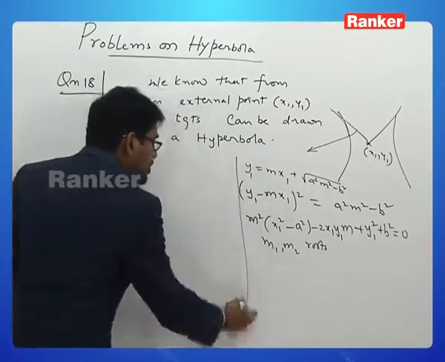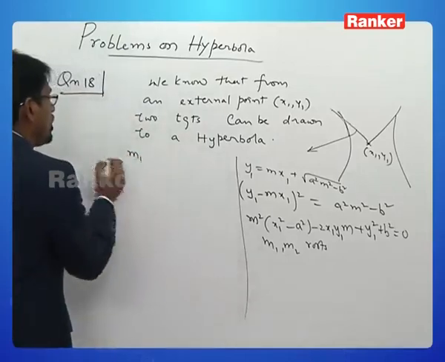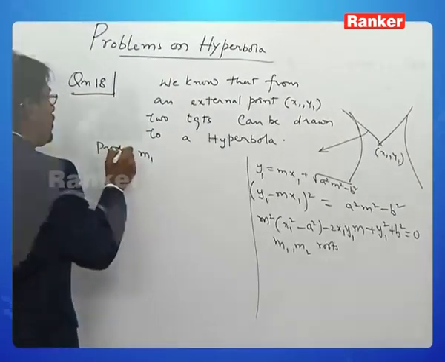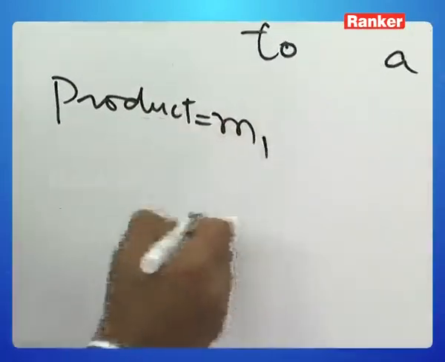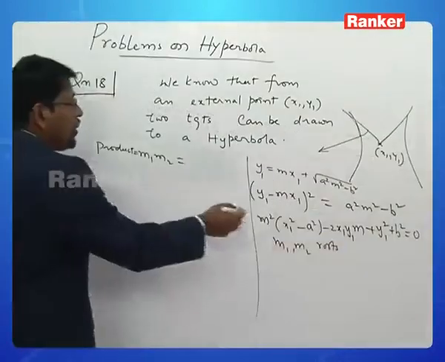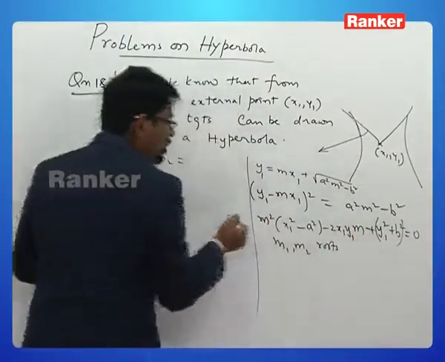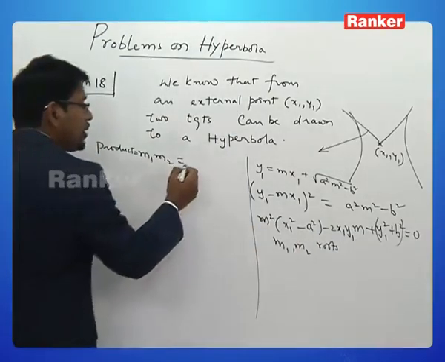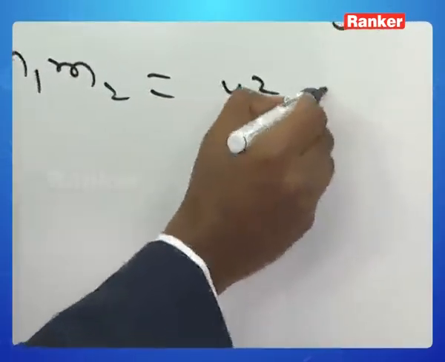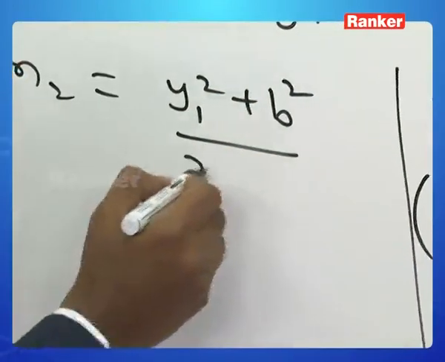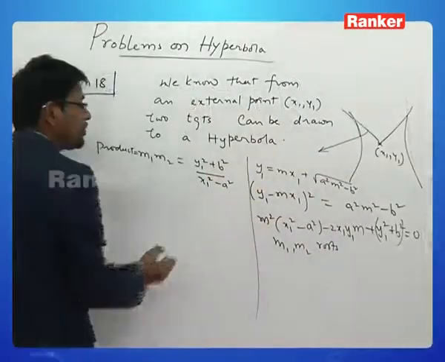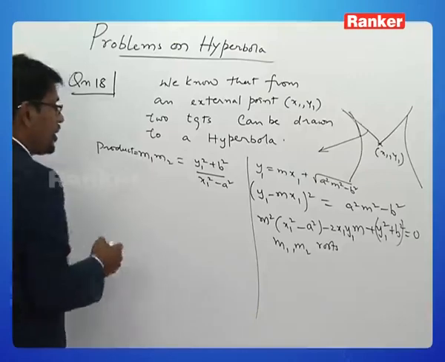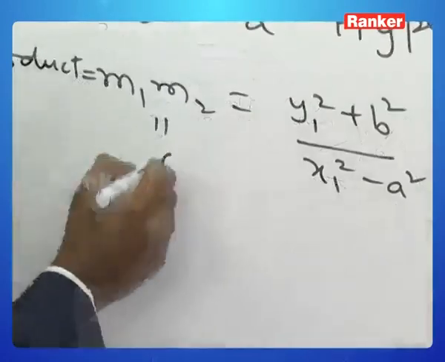What is the product of the roots? m1 into m2 is equal to the constant term by coefficient of m square. So what is that? y1 square plus b square by x1 square minus a square. So clearly he says that the product of the roots is c square.